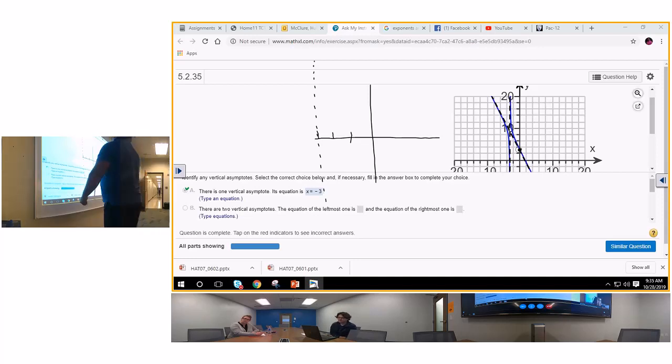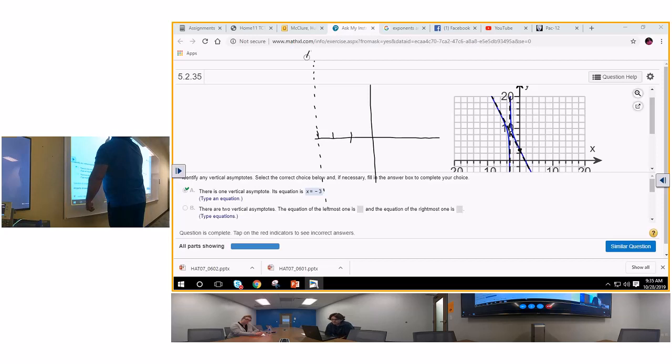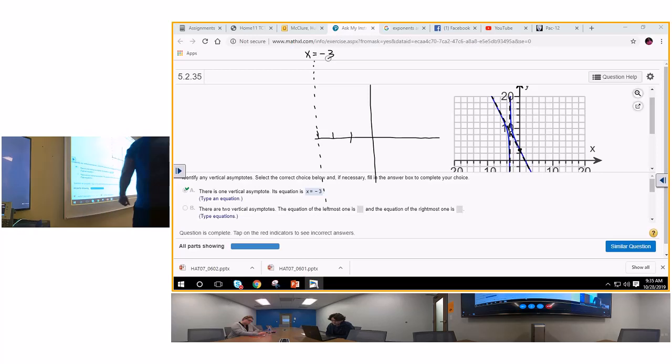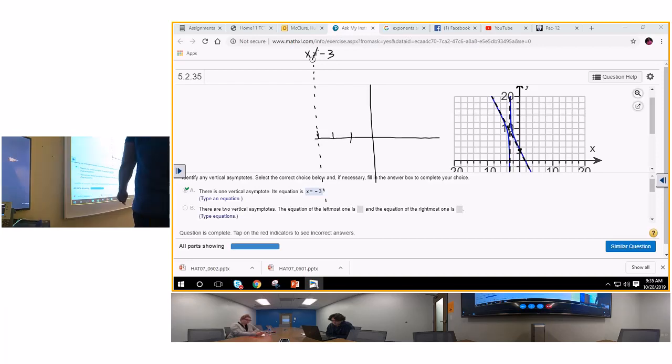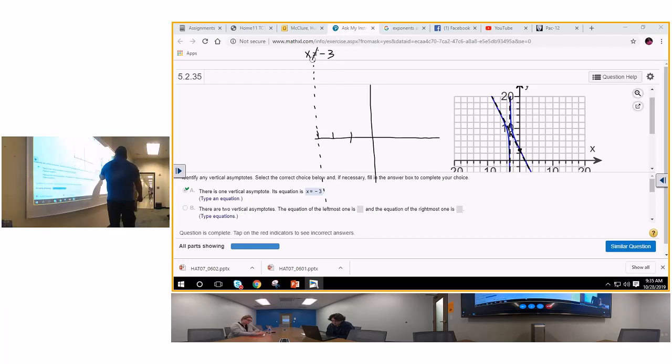So we've got this right here, x is equal to -3. That's our vertical asymptote. So we know x in the equation cannot equal what? -3. Now, on the oblique asymptote, y is equal to something x plus 3.